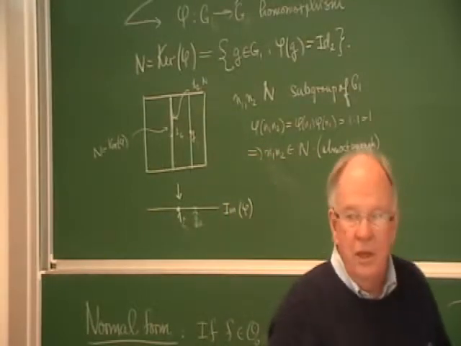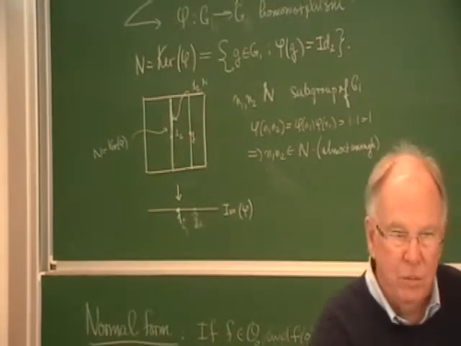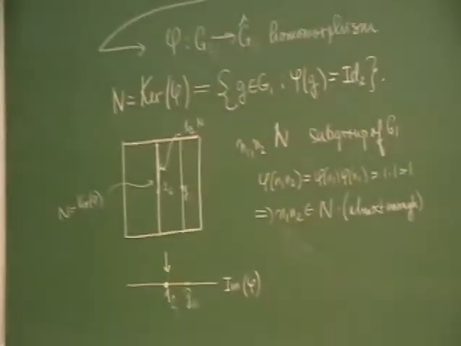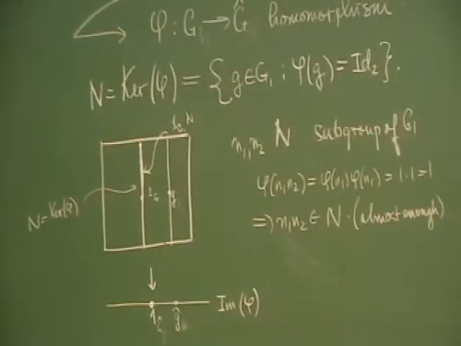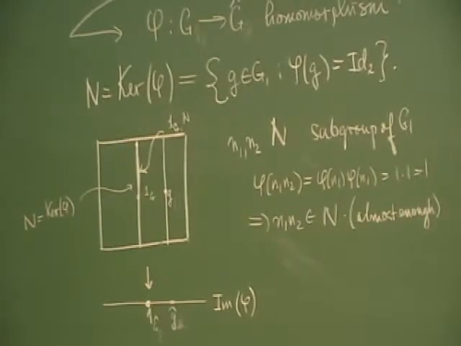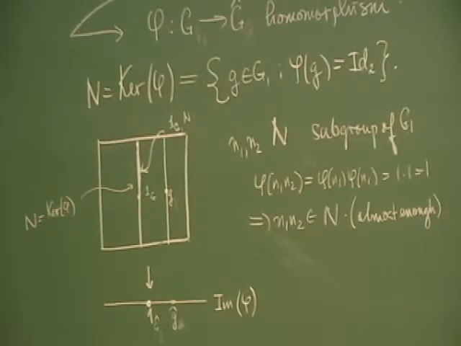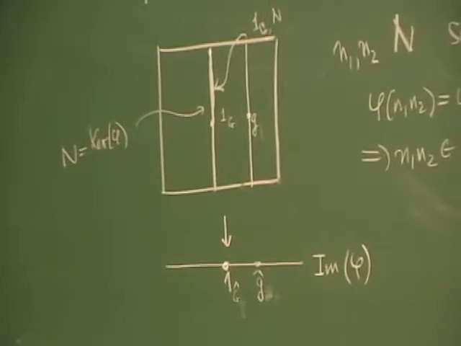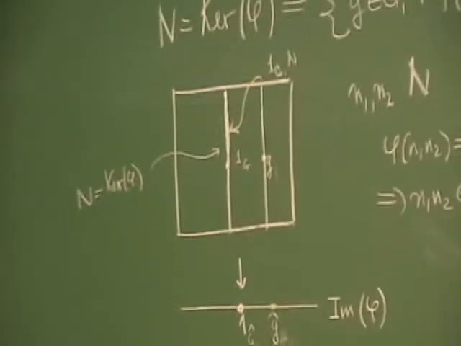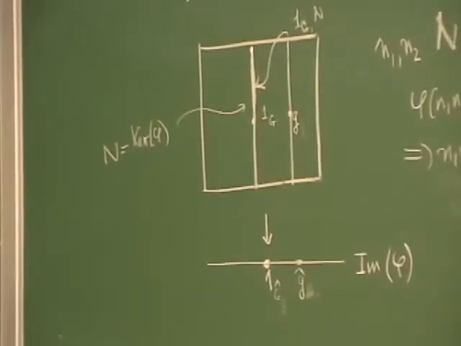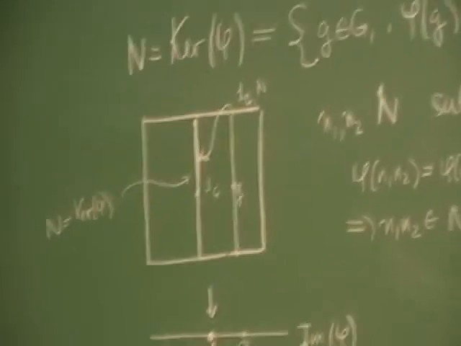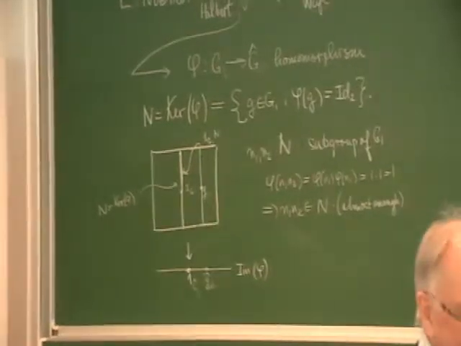The point is that he's absolutely right. That's the first point. The second point is that I don't want to do it here because you need to do it, and you need to really think about what you need to check. The main thing you need to check is that you multiply two things together, and it's still in it, right? But the inverse better be in it. That's what he's pointing out. And so it is. Yeah, you can check it.